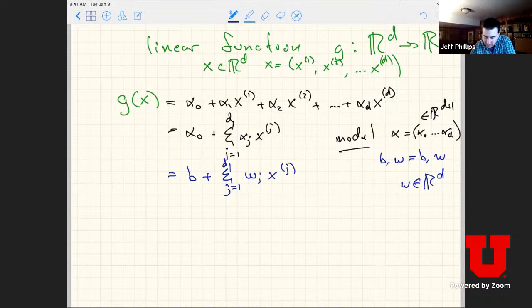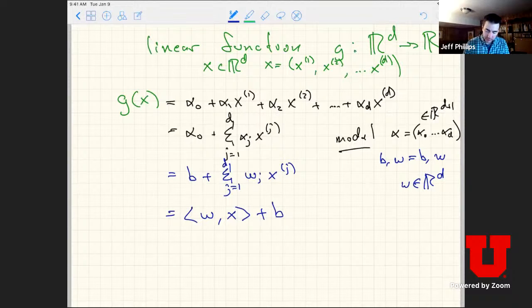This is equivalent to the dot product between w and x plus some offset. It's going to be easier to think about these as different quantities and explicitly think about what this offset is doing.